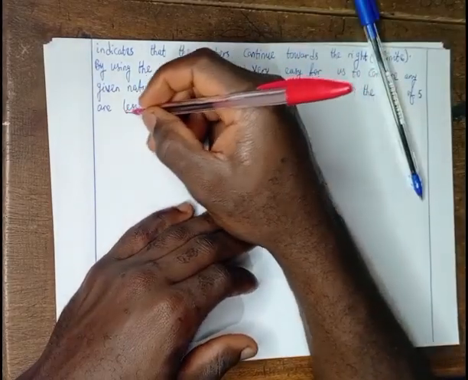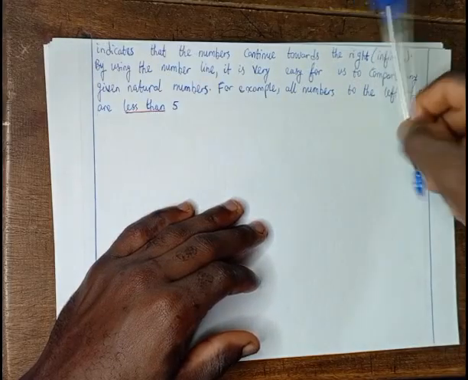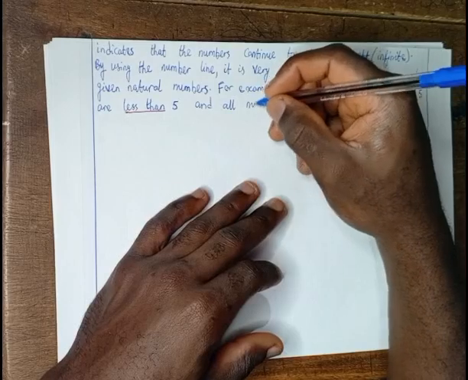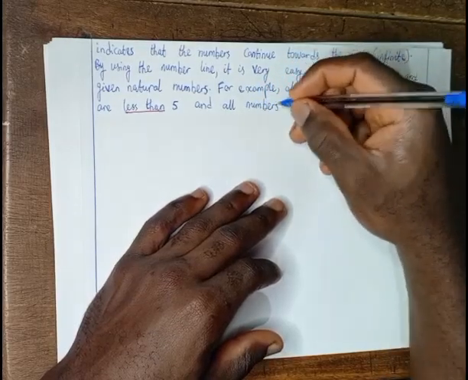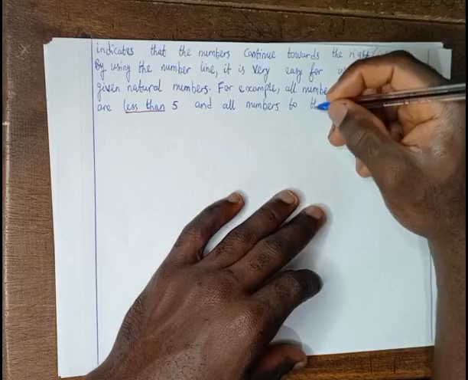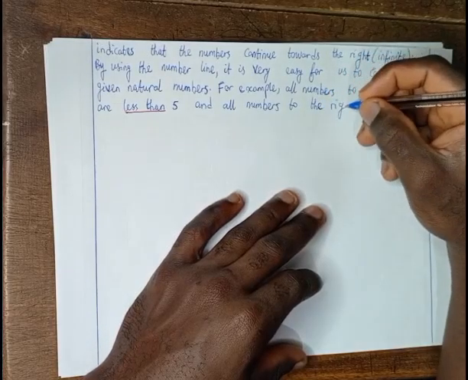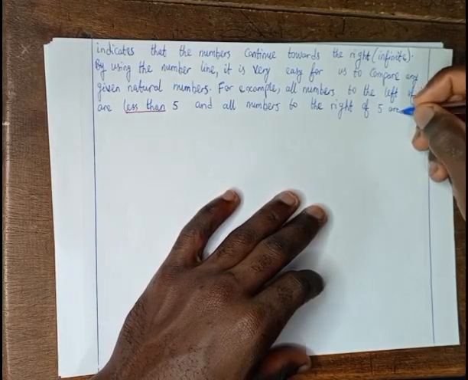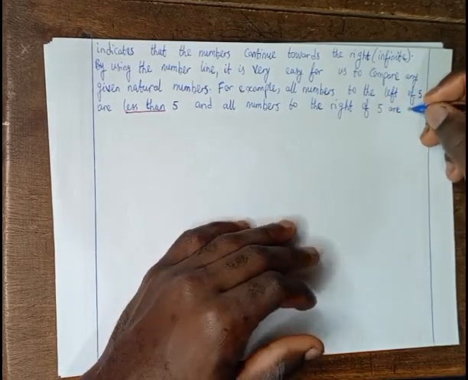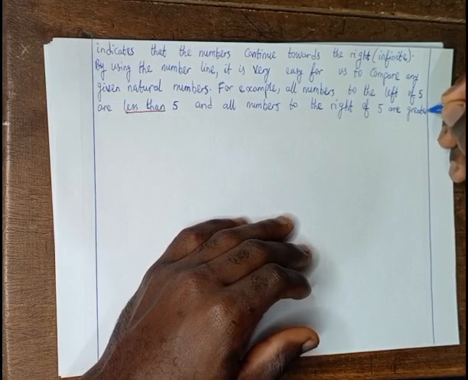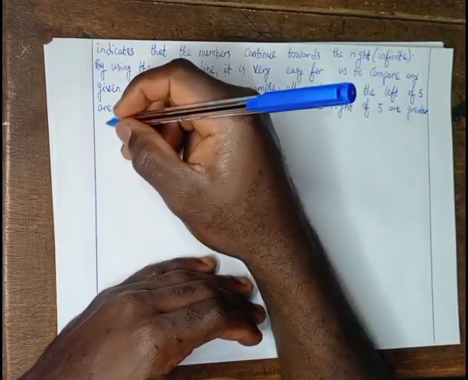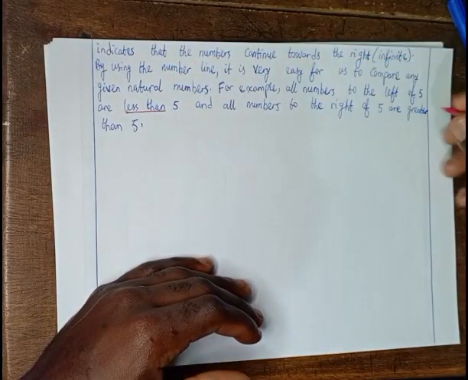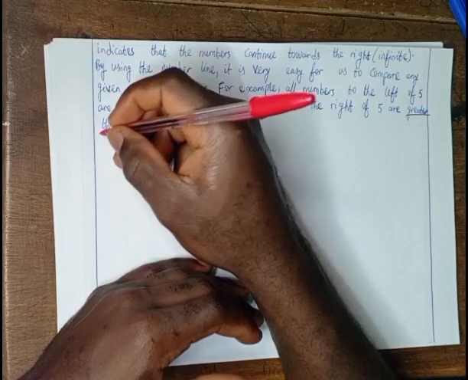I'll underline less than. And all numbers to the right of 5 are greater, that means bigger, greater than 5. Underline greater than. Take note.